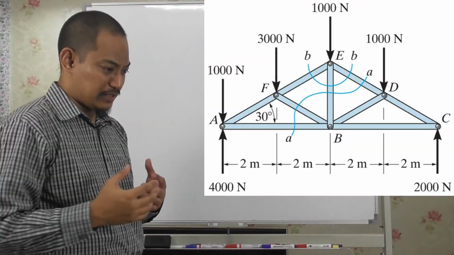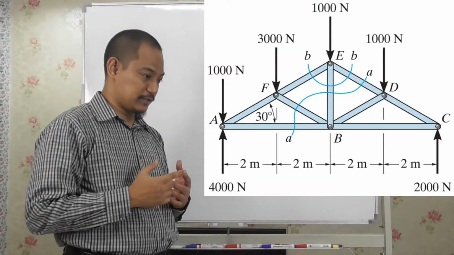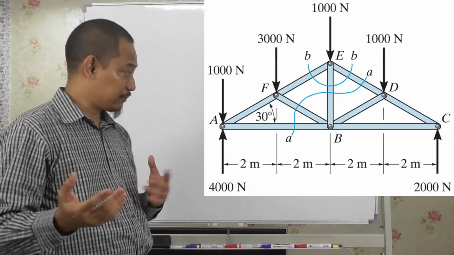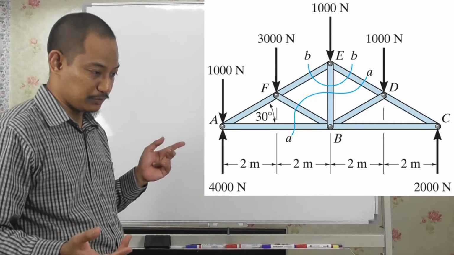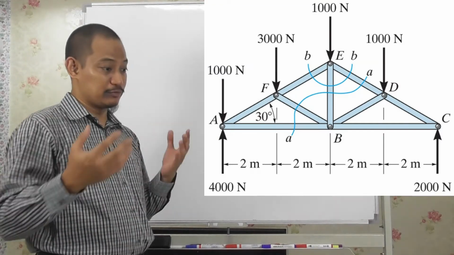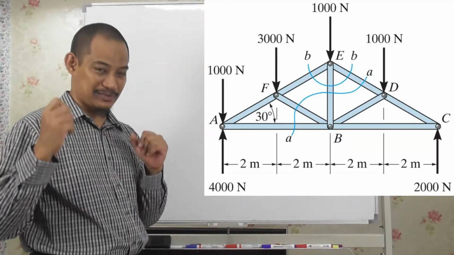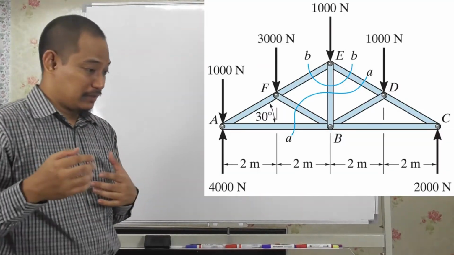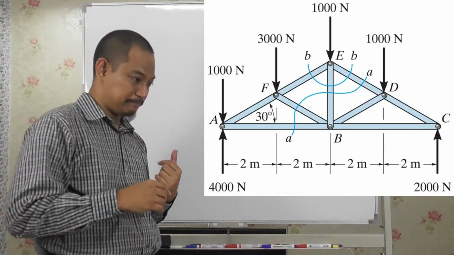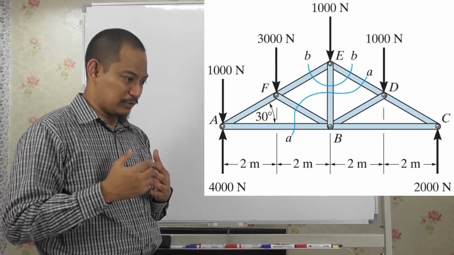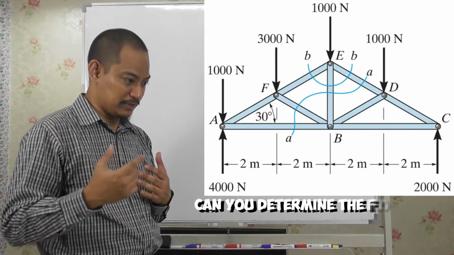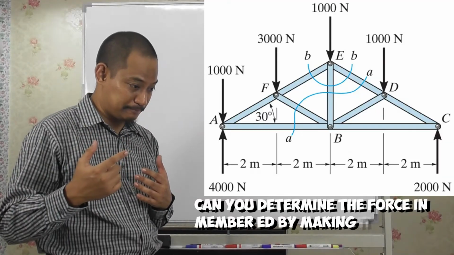Moving on. Okay, now we have a concept quiz. Refer to this slide, but I'm putting there also the diagram, because you have to read also the question, right? Even though I reiterate the question, maybe it's hard to capture just by listening. Anyway, the diagram is there, and the question says, can you determine the force in member ED?